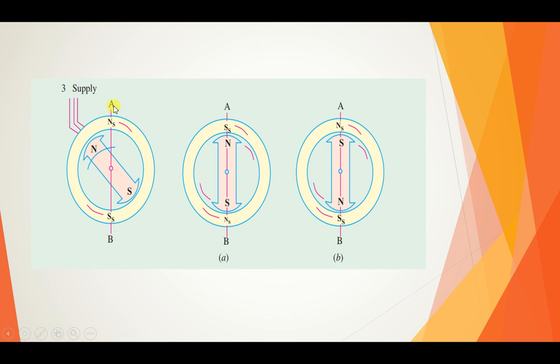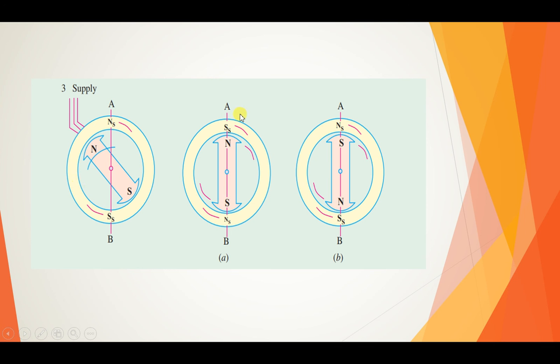Suppose at that instant we have the stator poles N and S in this direction, and the rotor poles north and south in this direction, and it rotates in the anti-clockwise direction. At this position, the same poles repel each other, so that's why it is in the anti-clockwise direction.